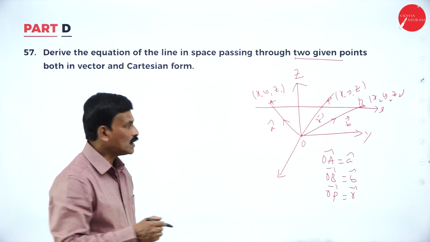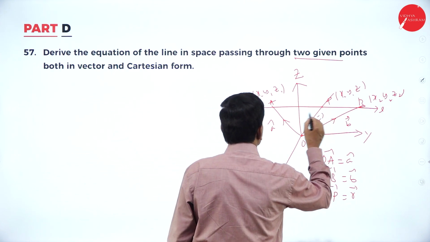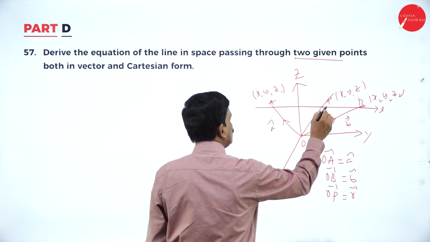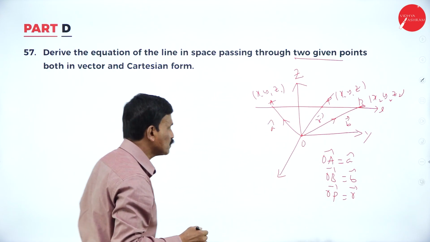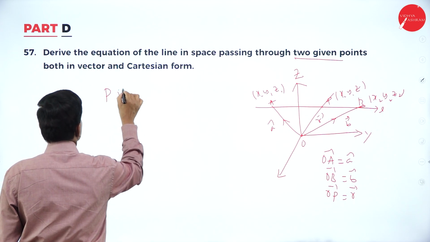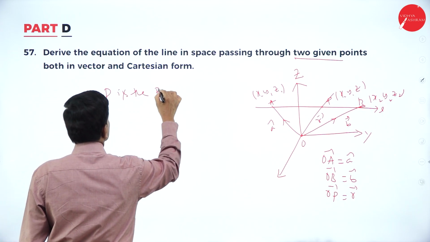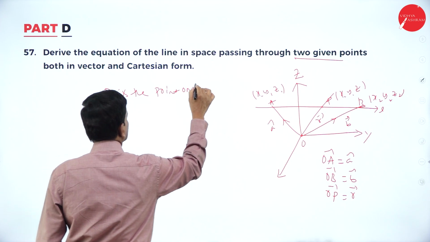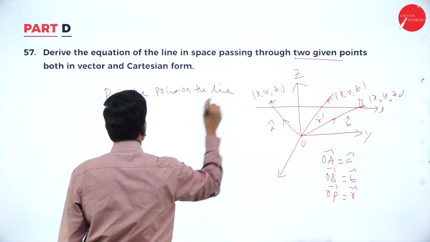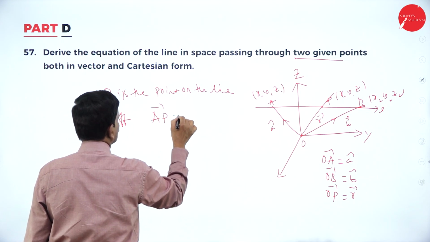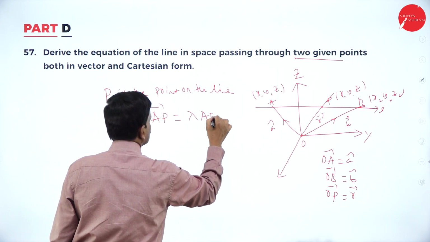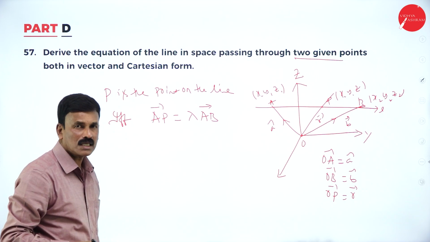Now, the point P is a point on the line if and only if vector AP is equal to lambda times vector AB. This is the condition, right?